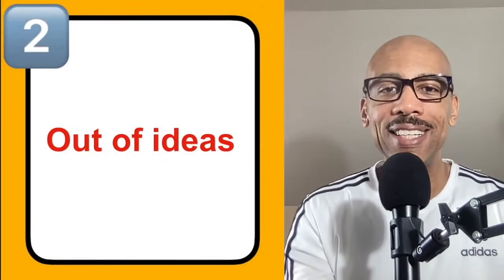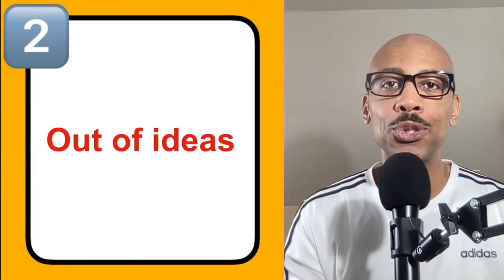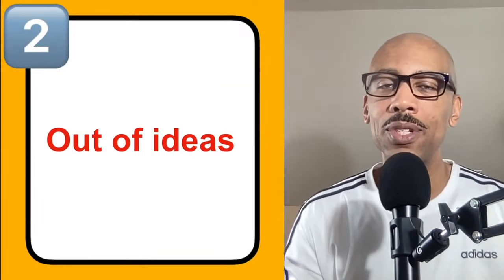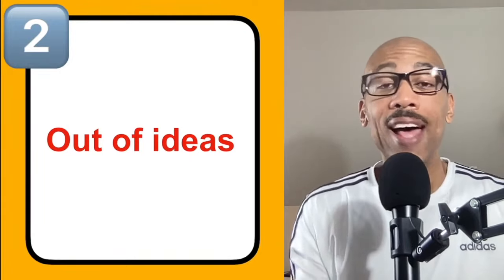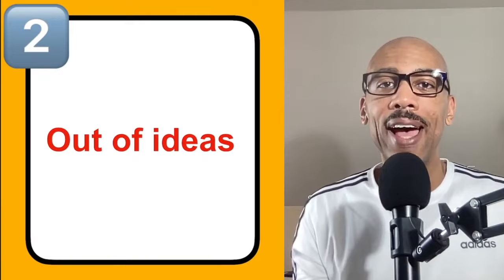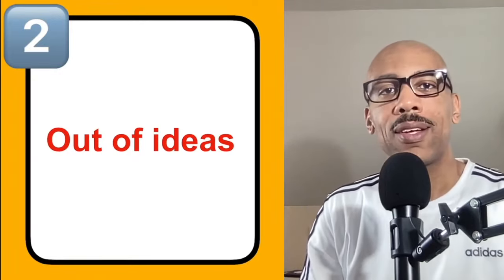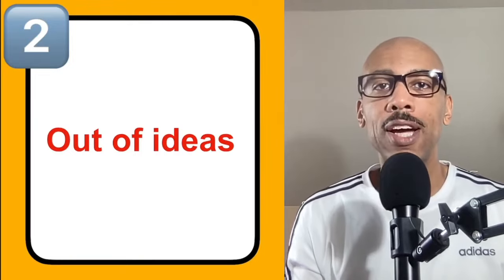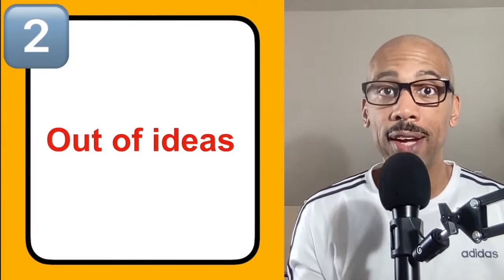Out of ideas is a second example of a prepositional phrase using the word out. So when you use this in a sentence, you may say, I don't know. I'm simply out of ideas. So someone may ask you a question like, what do you want to do for your birthday?